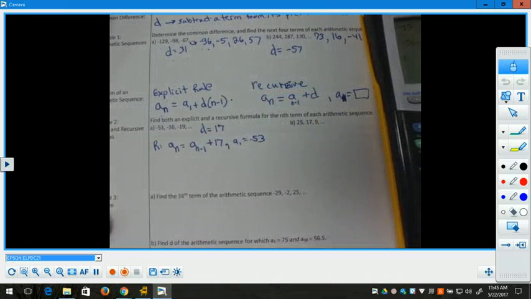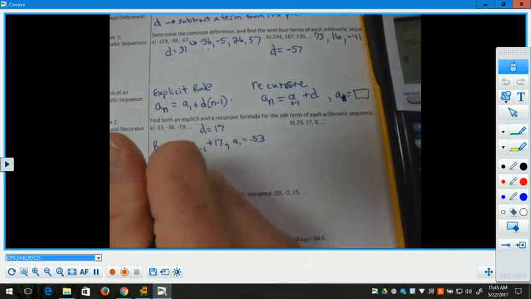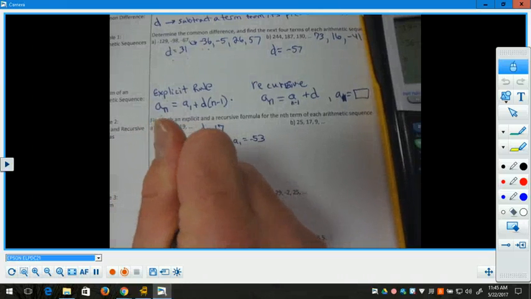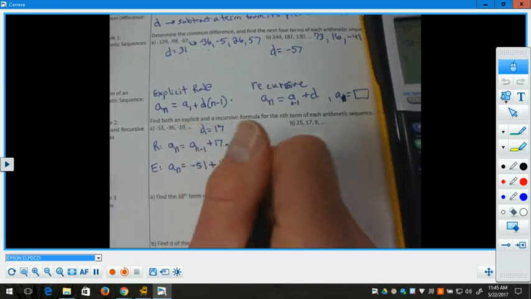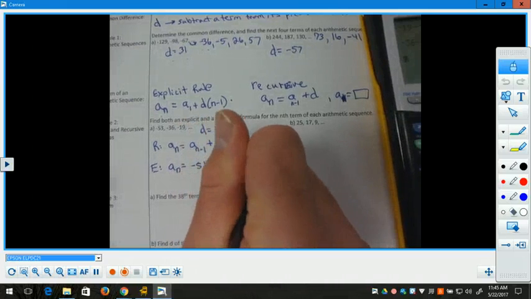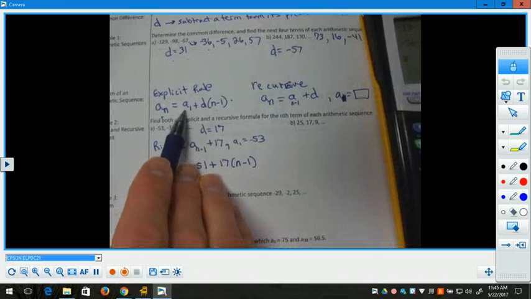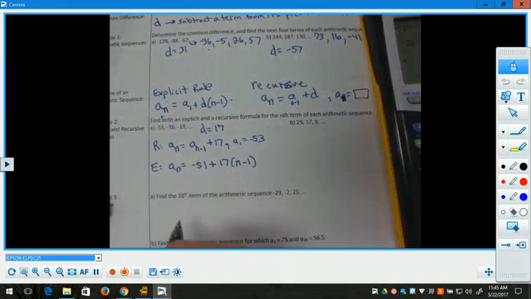There's our recursive rule. For our explicit rule, we'll have a sub n equals the first term, negative 51, plus our common difference of 17 times n minus 1, just like we have up here. First term's value plus the common difference times n minus 1. We can simplify this further.